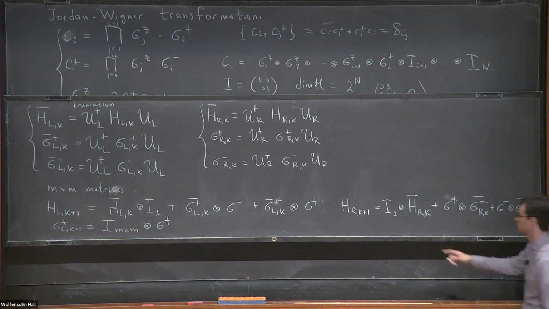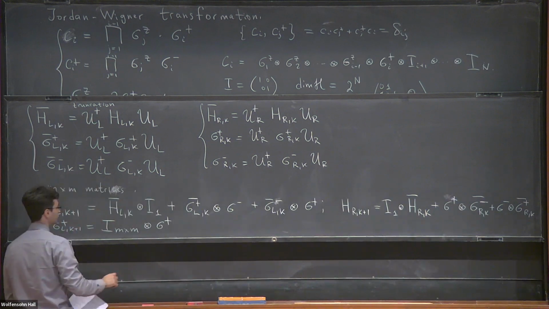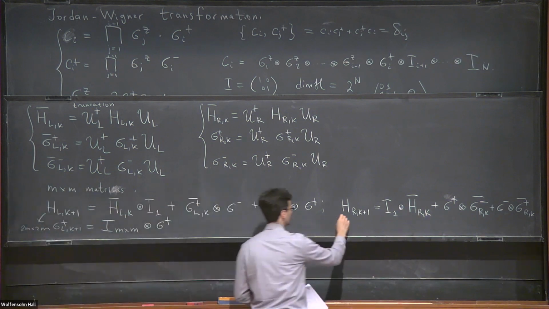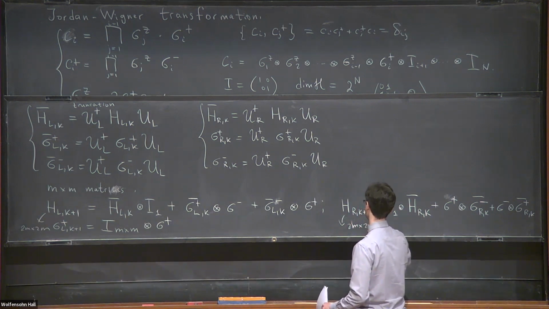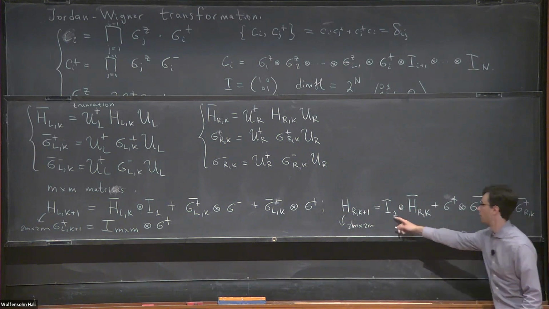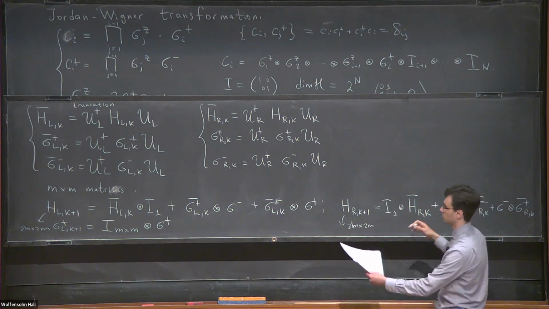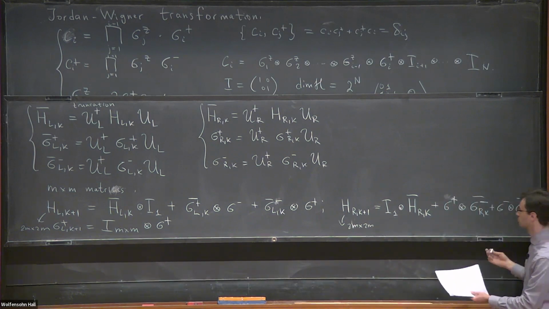So now these left and right Hamiltonians are both 2m times 2m matrices. So I added just one qubit to my blocks. And now I can again do the same procedure, so I can combine them and build a superblock out of them.